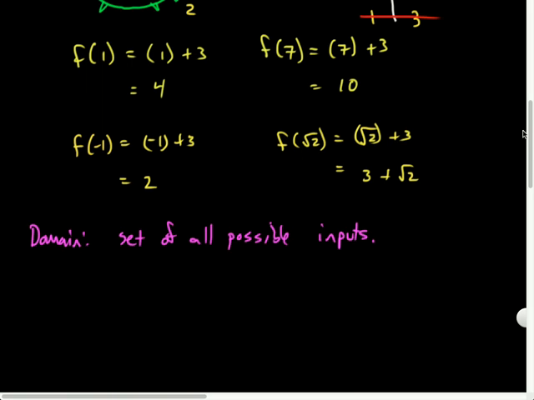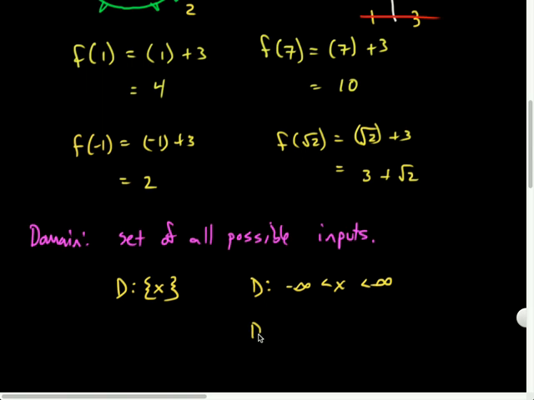All right, and I've actually seen domain listed a few different ways. So you might say the domain is the set of all x. You might say the domain is, I guess you could say, negative infinity is less than x is less than positive infinity.